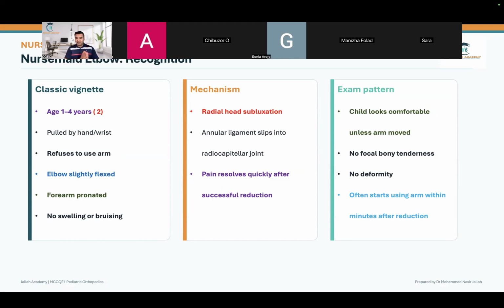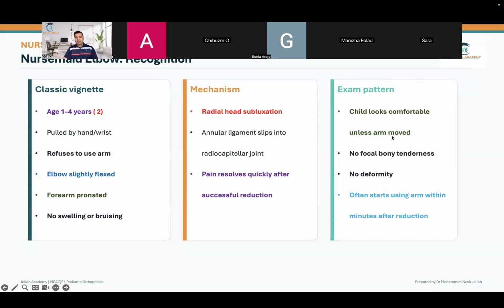But if red flags, for example, bruising, bleeding, swelling, are present, then you have to do the X-ray, do the reduction, do another X-ray to make sure everything is fine and move on. But in this case, if it is clinically diagnosed, you don't have to waste your time doing imaging. With one hyperpronation, the patient will get better and relieved. The pain will go away.